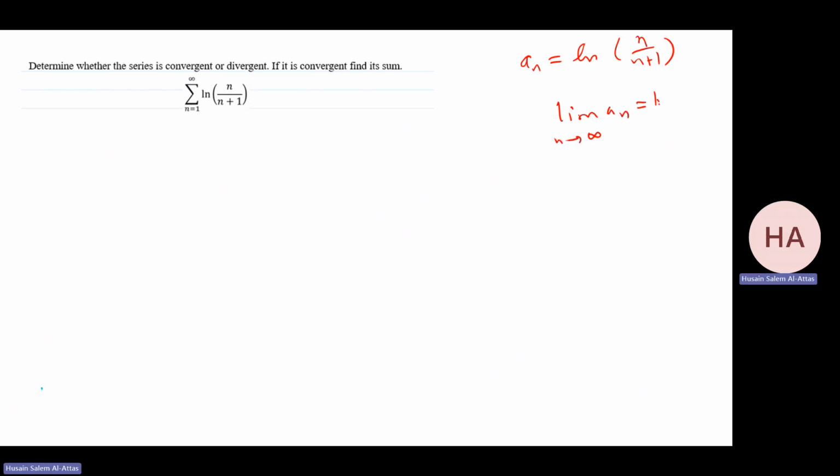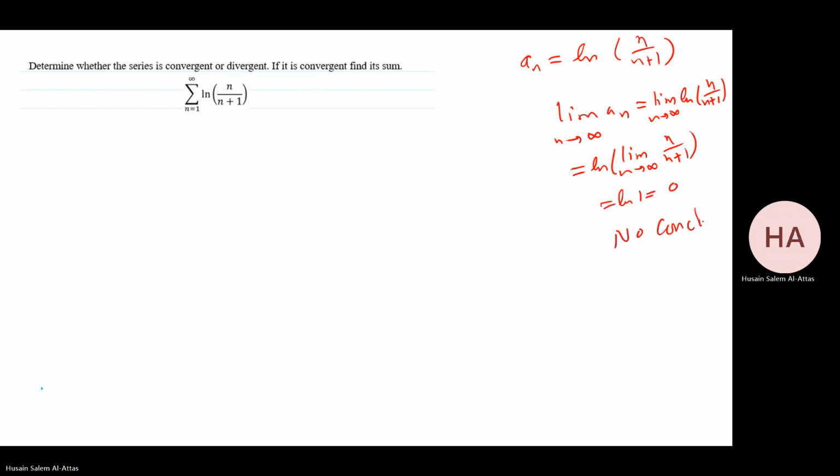It will be the limit as n goes to infinity of ln of this. Since ln is a continuous function, I can take the limit inside. I'm getting nothing out of that, but just to check, the same degree gives ln 1, which is 0. So I have no conclusion. This gives me nothing.